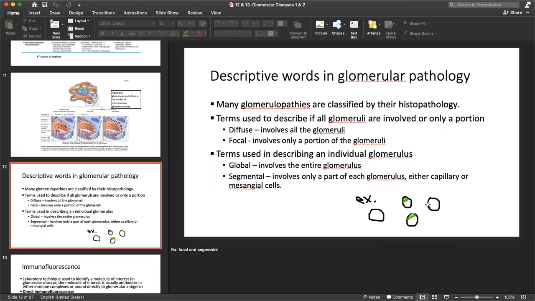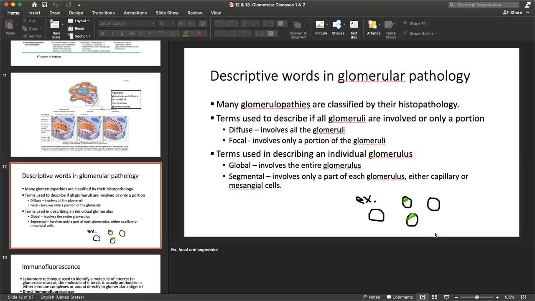So here's an example. Let's pretend there are only 4 glomeruli in the entire kidney, and the green shaded area is what's affected. So not all are affected. First, how do we describe all of the glomeruli?